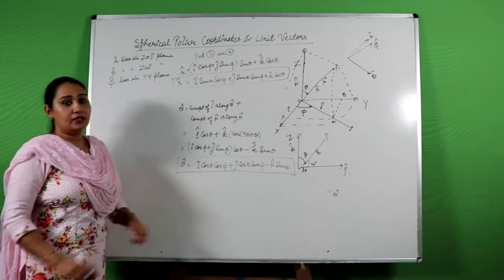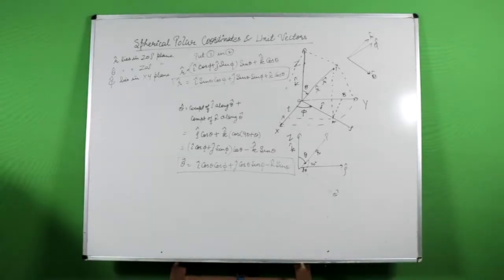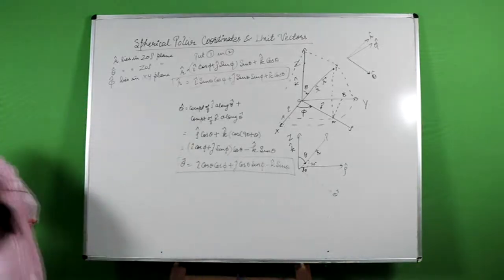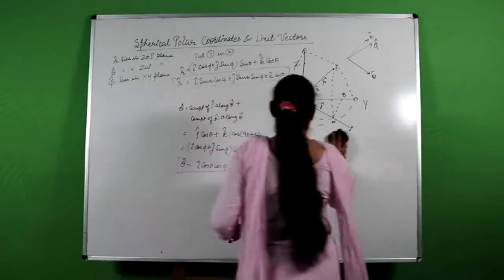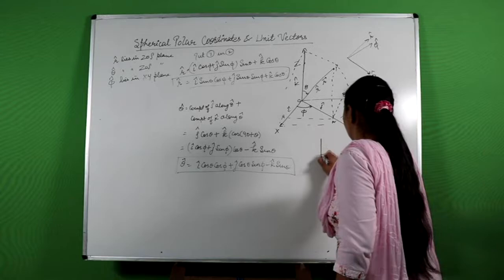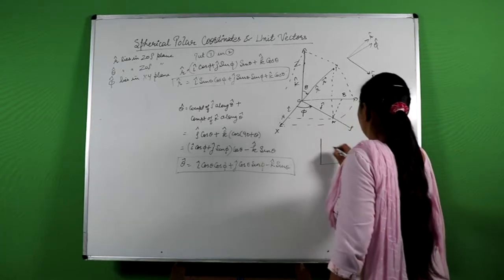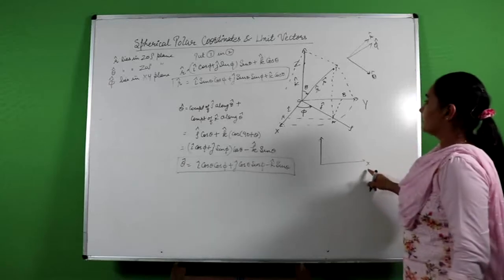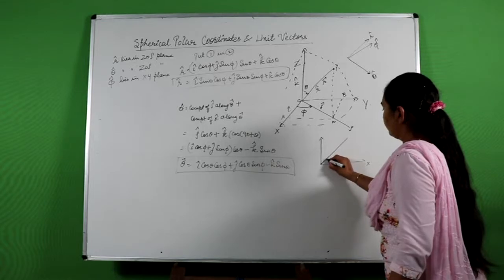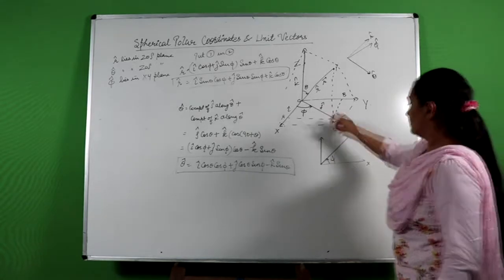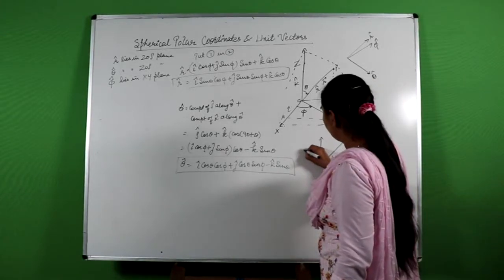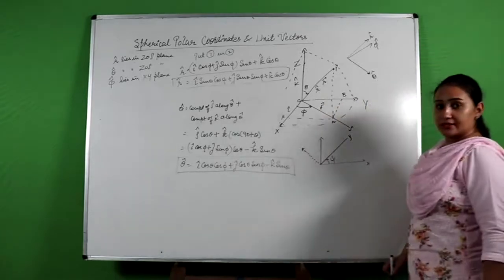So this is my theta cap value. Now I want to find the value of phi cap. To find the value of phi cap, I will take the xy plane. This is my x, this is my y. This is making an angle of phi with the rho axis, and now phi will increase in this direction.